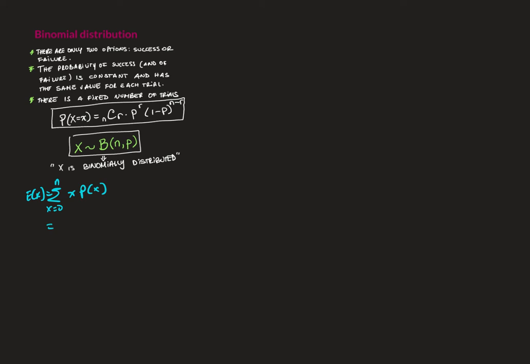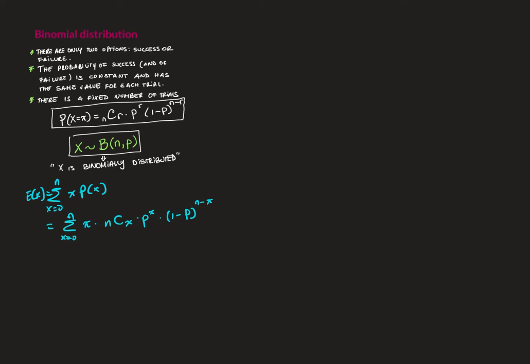So we are going to get that the expected value is the sum of x times the combination of n and x. In this case, remember, x is the number of outcomes, times the probability of success to the power of x times the probability of failure to the power of n minus x.